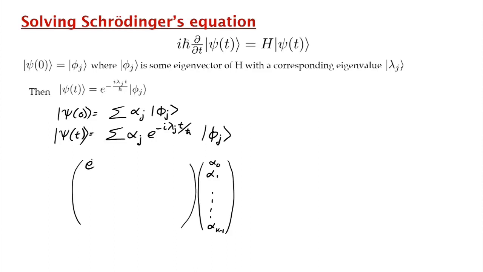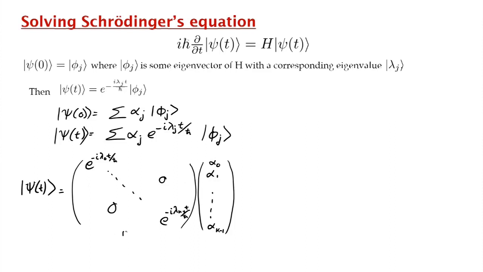It has entries e to the minus i lambda 0 t over h bar, e to the minus i lambda k minus 1 t over h bar, and zeros in the off diagonal. And this is equal to psi of t. Okay, the state at time t is given by this operator applied to the state at time 0.